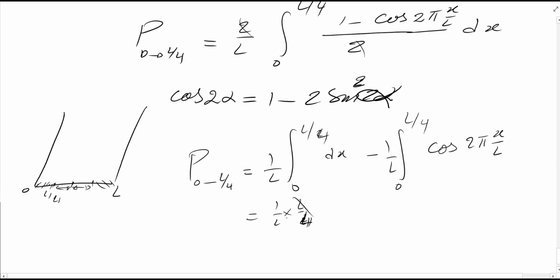So the L and the L cancel, and this is going to be 0.25.